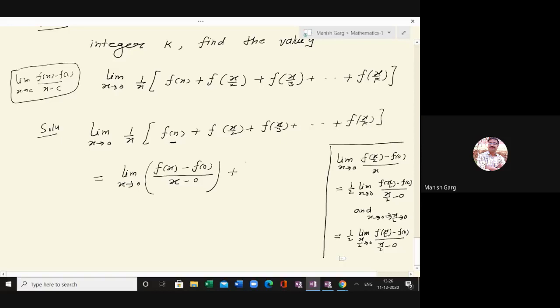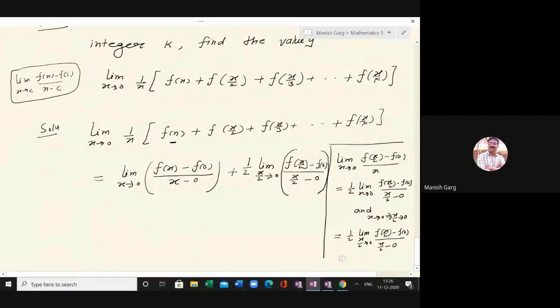So here what can I write? 1 by 2 limit x by 2 tends to 0 of f x by 2 minus f0 over x by 2 minus 0. The 1 by 2 will be outside.